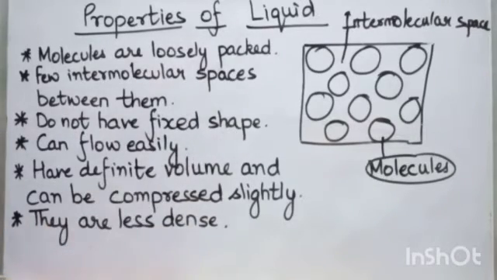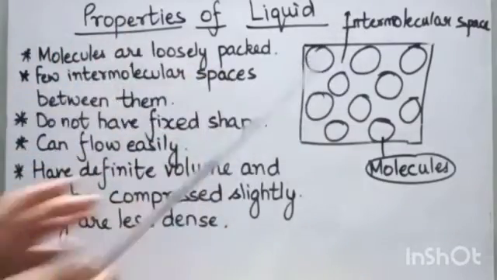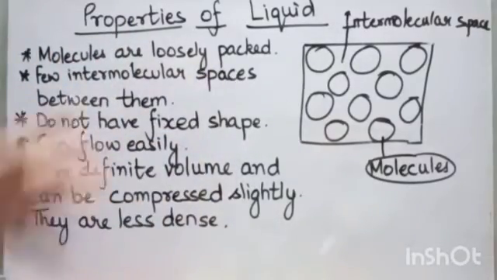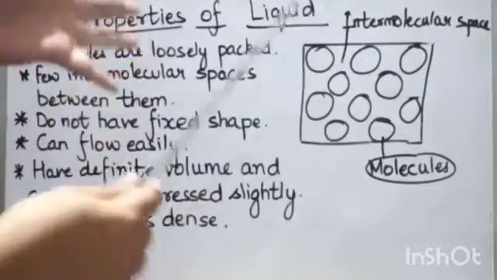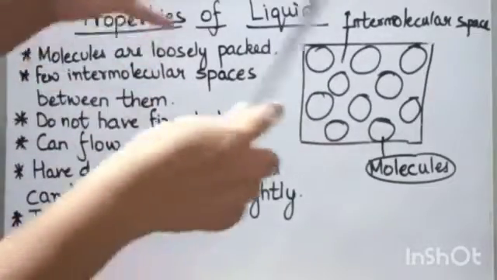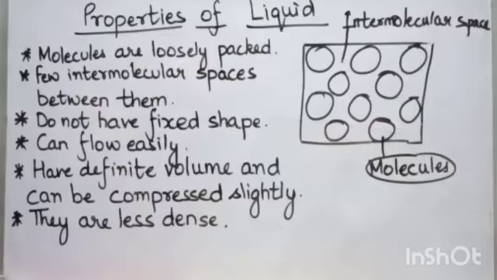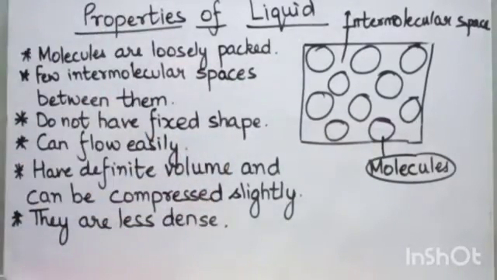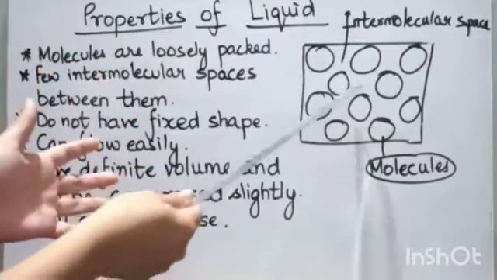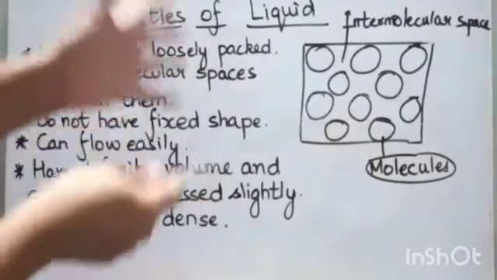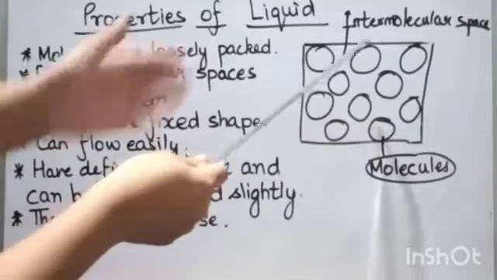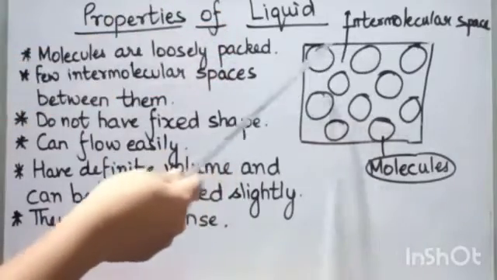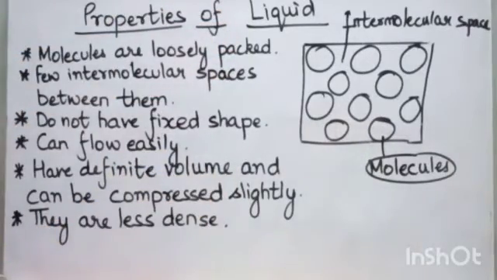It is because they have intermolecular spaces between them, so they can change their shape. And they can flow easily because of the intermolecular spaces between them and the less strong intermolecular force of attraction between the molecules.